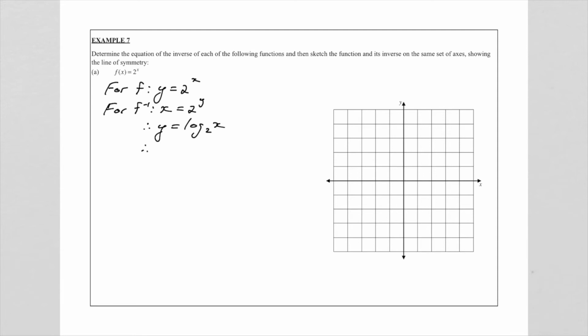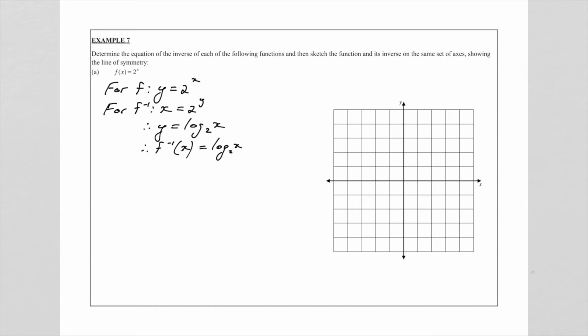And that means we can also write it in f(x) notation, and we can say that the inverse of f is the log of x with a base of 2. So there we have the equation now of the exponential function as well as the inverse, which is the logarithmic function. So now we're going to find 3 points and we're going to plot them.